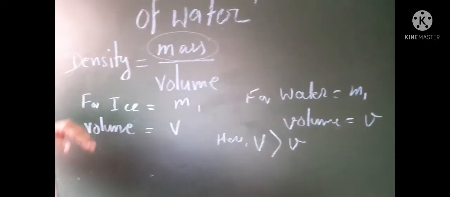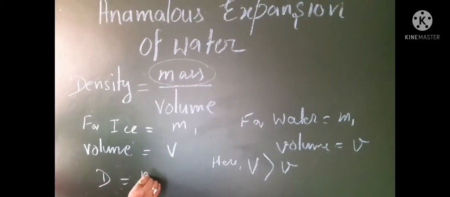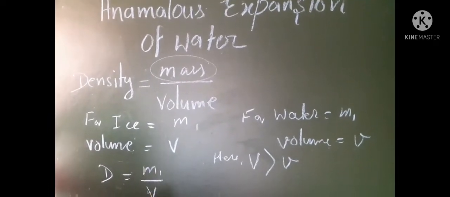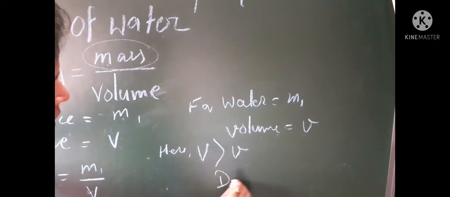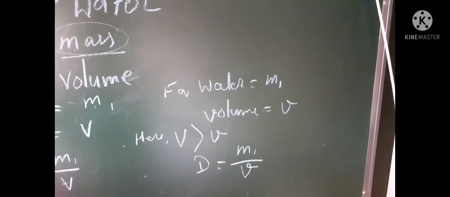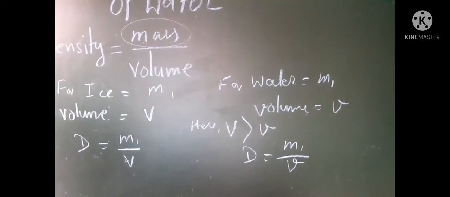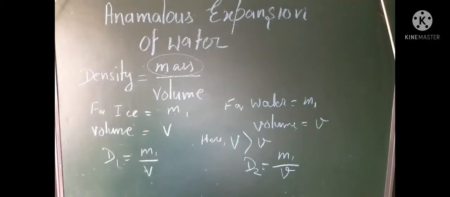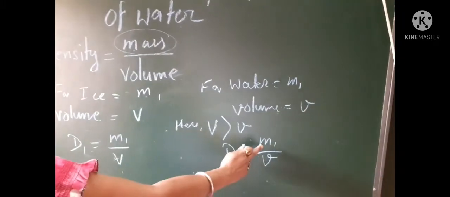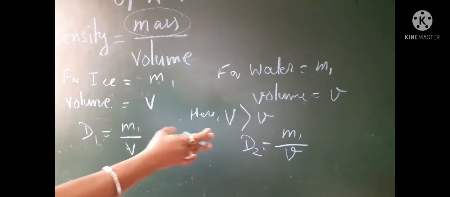Now if we compare the data, the density of ice is what? It is m1 upon capital V, and here density is equal to m1, again the same mass, upon small v. Now you just think, children, we are going to compare the density. As we can see that mass is the same, there will be no effect on their density because of the mass, both are the same.